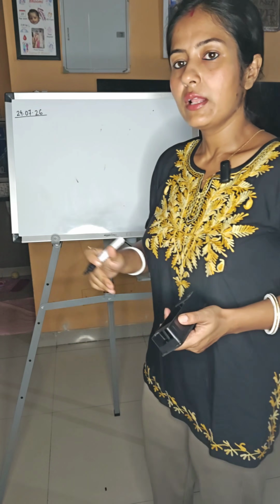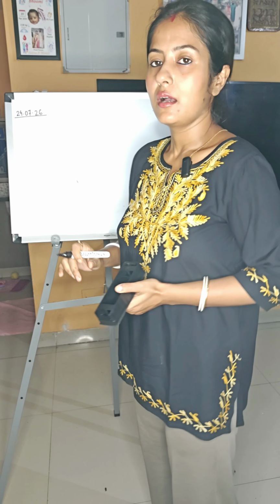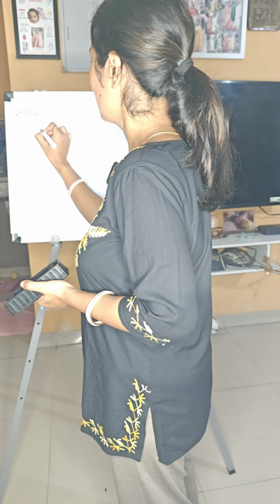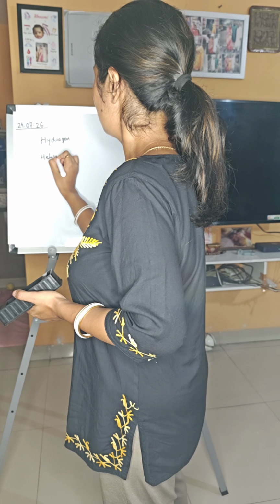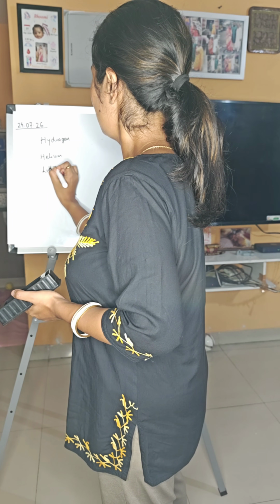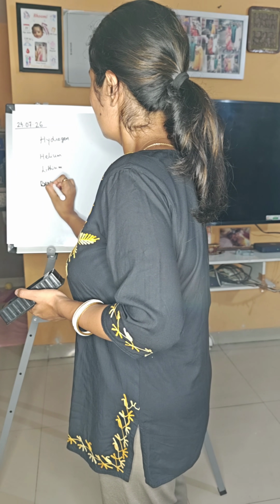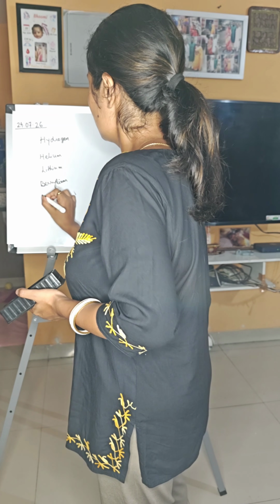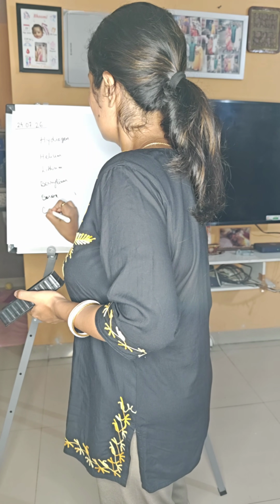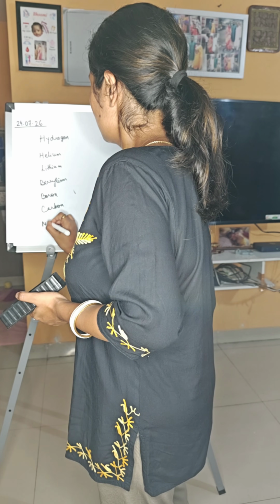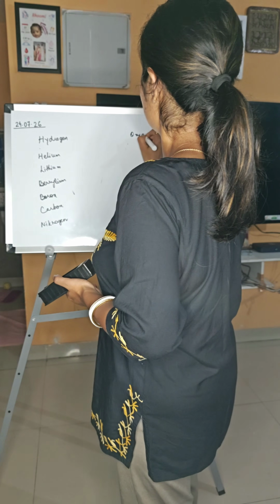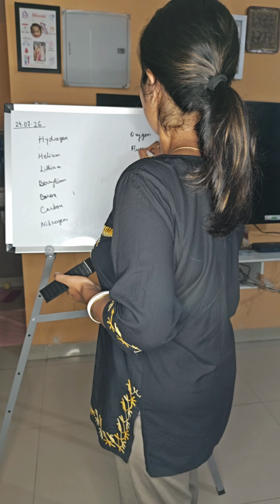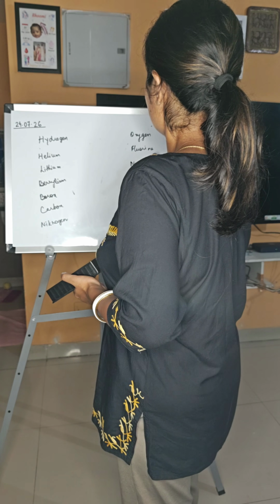Now let us consider the first 10 elements of the periodic table: hydrogen, helium, lithium, beryllium, boron, carbon, nitrogen, oxygen, fluorine, neon.